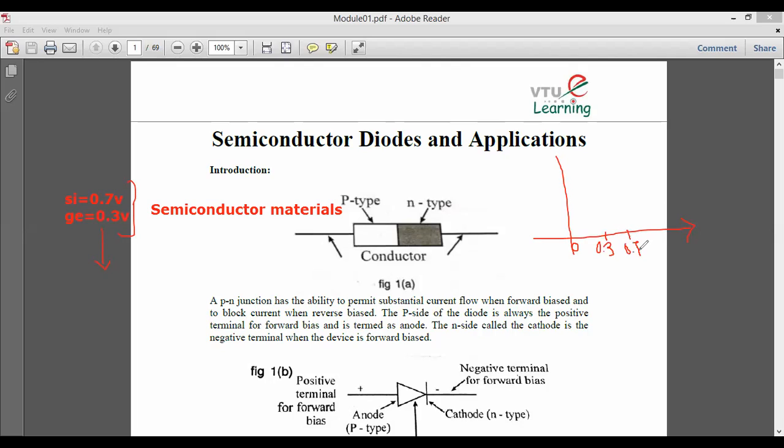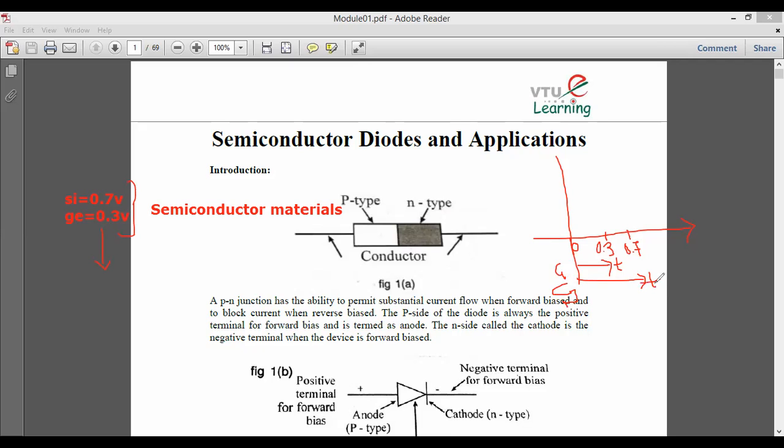So the value at which I start conducting by taking some semiconductor device or parameter, 0.3 is nearer than 0.7, or in terms of time, the time taken by the germanium is less and the time taken by the silicon is more, right?